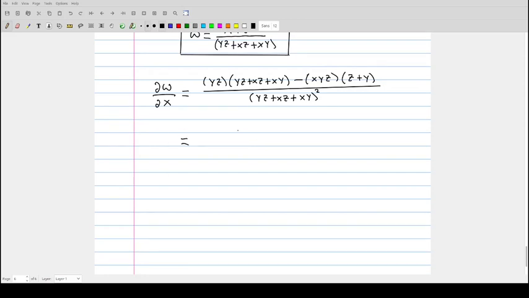This is definitely kind of long, so we have to go through and see here that you have y z squared plus xyz squared plus xzy squared minus xyz squared minus xzy squared, all over our denominator.